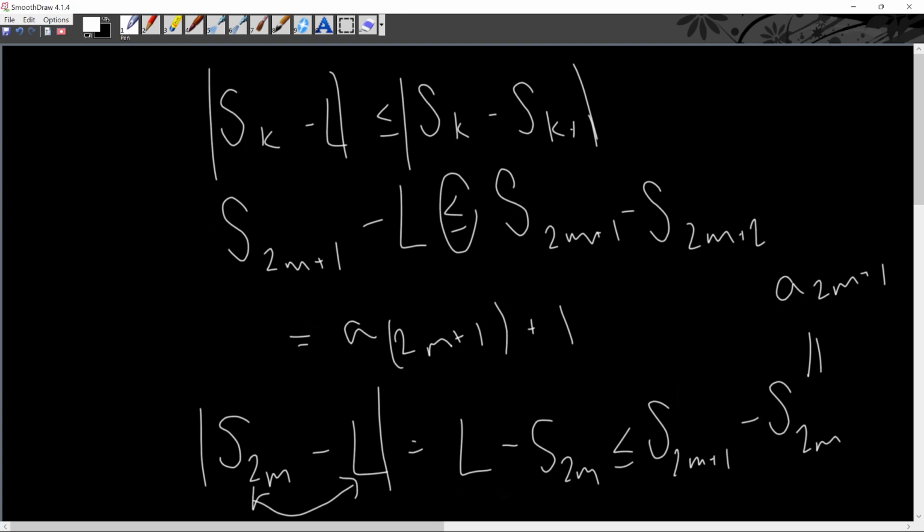So, in this previous proof that we did, we have the same type of inequality. We have S2 less than or equal to S2m less than or equal to S2m plus 1. It's less than or equal to S1, right?